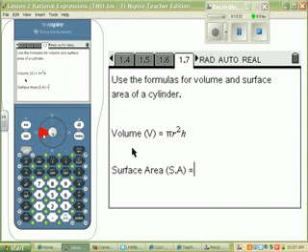Okay, surface area. Anybody remember? 2 pi r h plus 2 pi r squared.